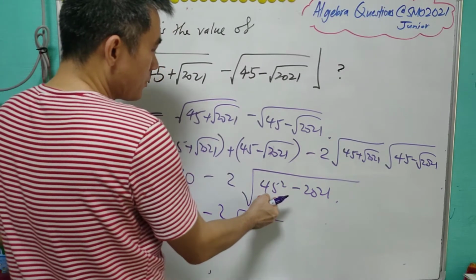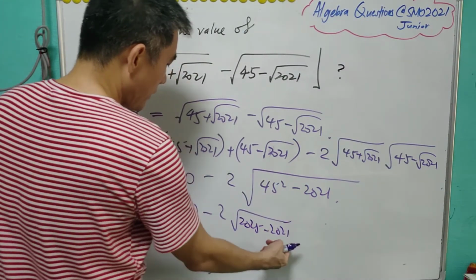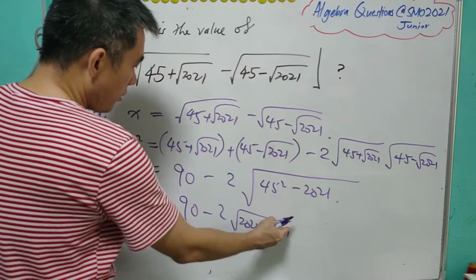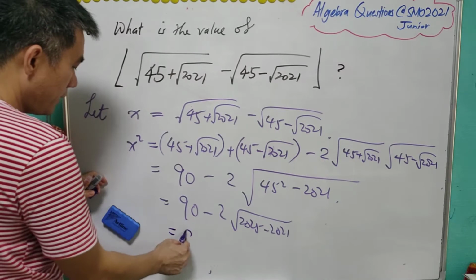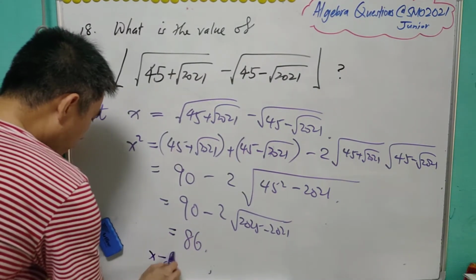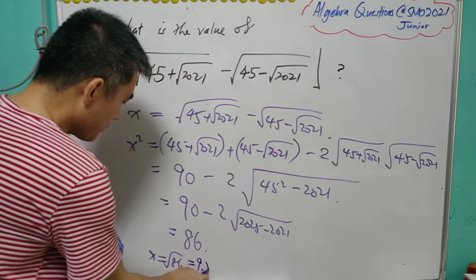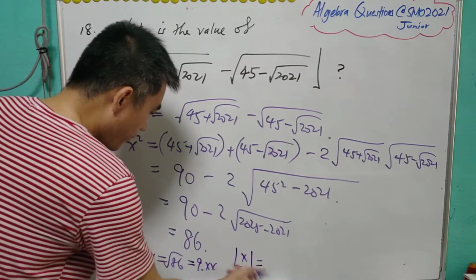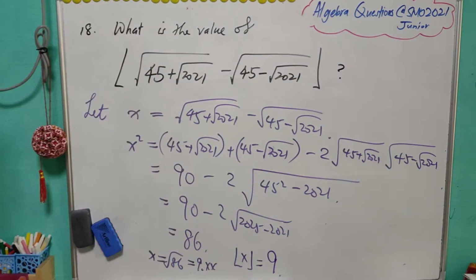And we know that this is equal to 2025 minus 2021, that is equal to 4. The square root of 4 is equal to 2. 2 times 2 is equal to 4. So that is 86. So x squared will be equal to 86, and x is the square root of 86. The square root of 86 is equal to 9 point something. And therefore, the floor of x will be equal to 9. So this is one way to deal with this question.